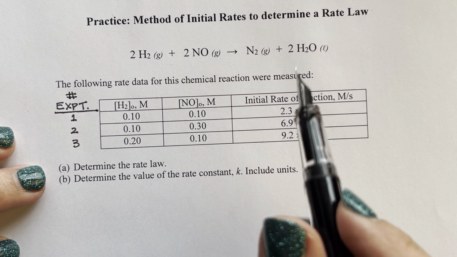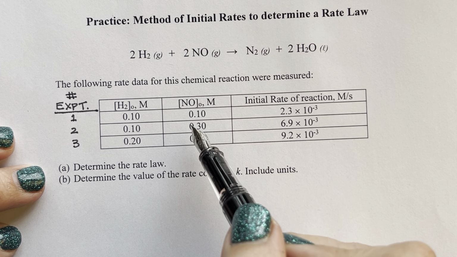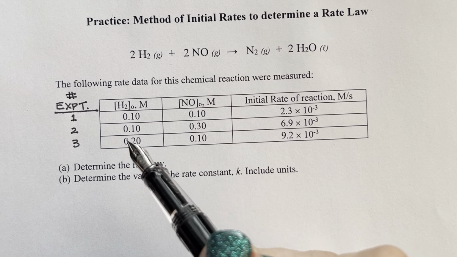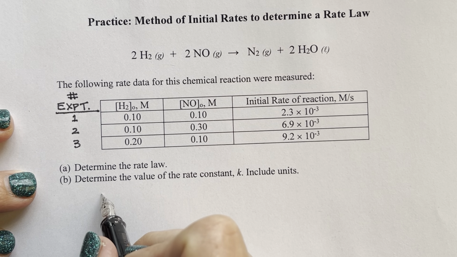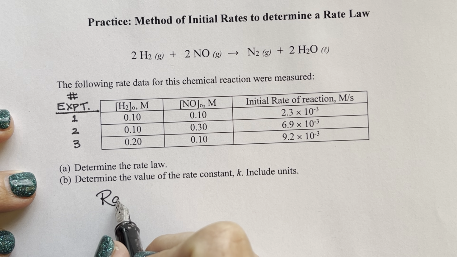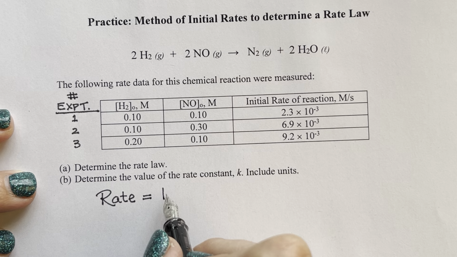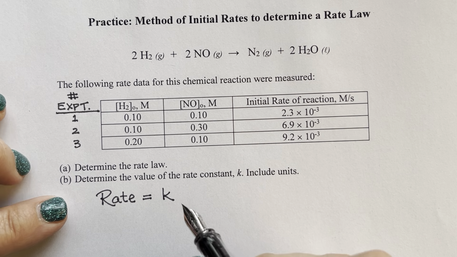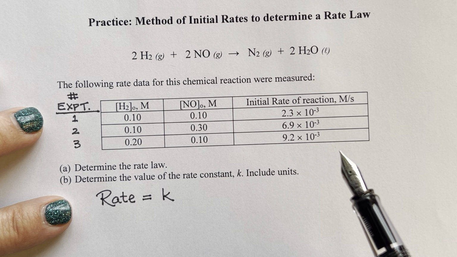Okay. So what we want to do is first write out the generic form of the rate law. Rate laws look like this generically. Rate equals a rate constant, and then you write out the reactants.